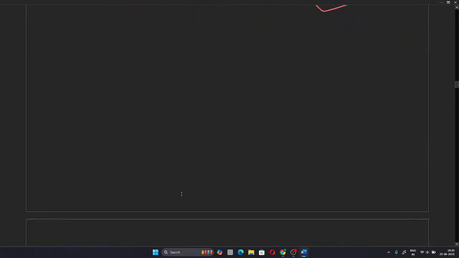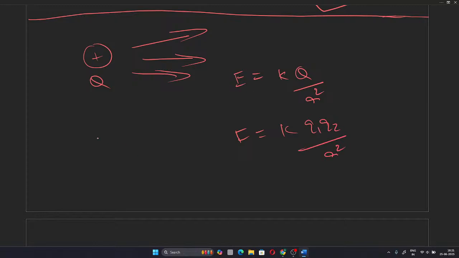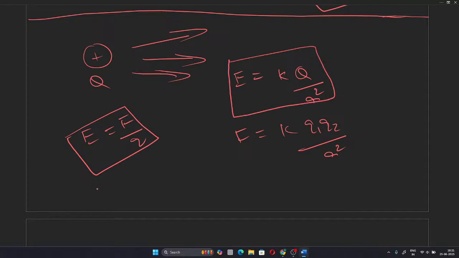We saw a similar thing in the previous chapter on the electric field, where the electric field of a charge Q equals KQ by R square, whereas the force equals KQ1Q2 by R square. The electric field intensity is force divided by Q, and the electric field due to a single charge we calculated as KQ by R square.